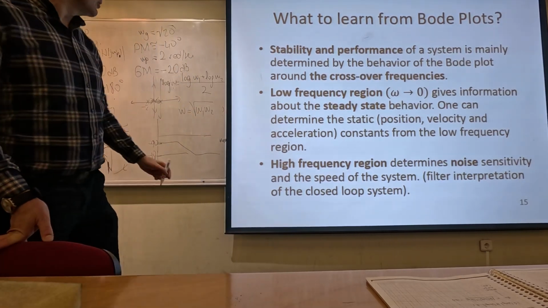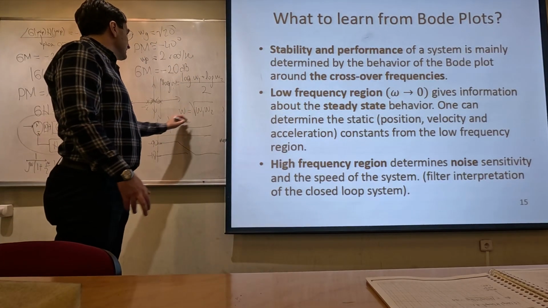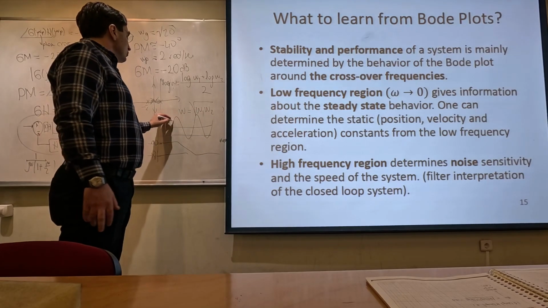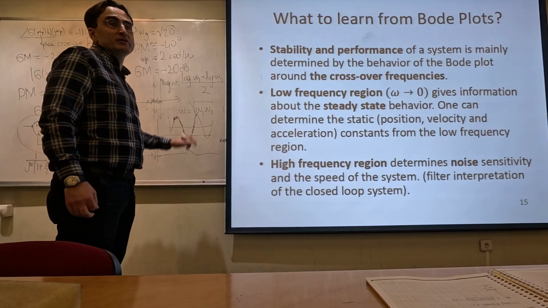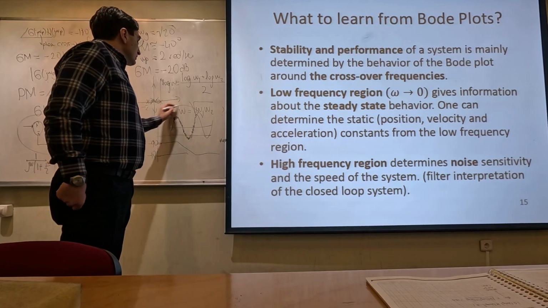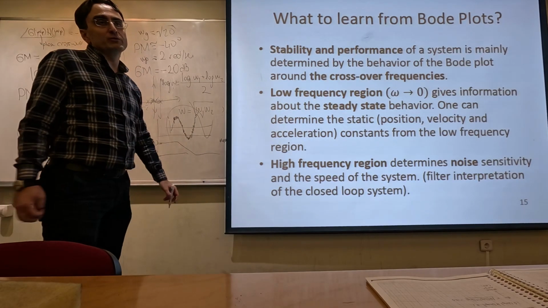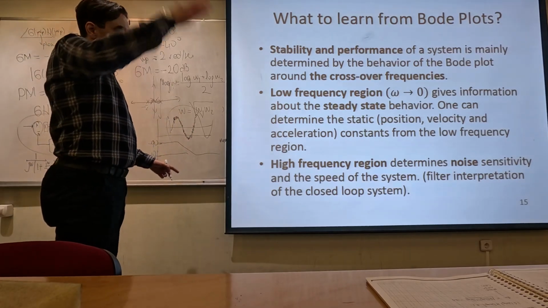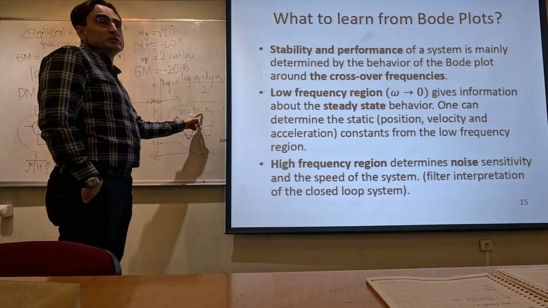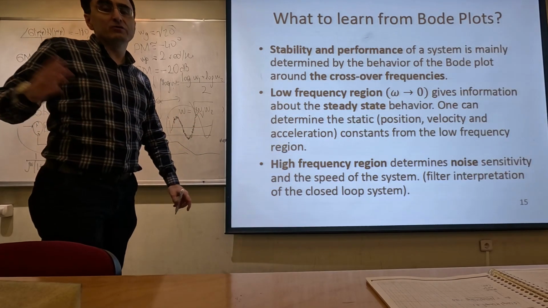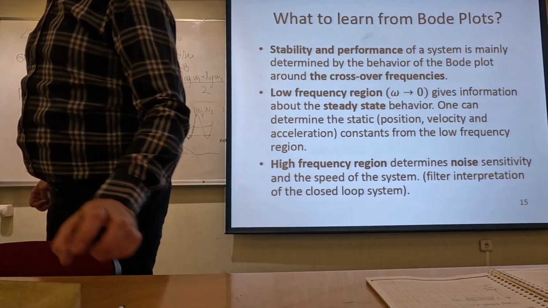So if you would like to have, for example, a unit step or a sinusoid here, noise becomes added on top of this at high frequency. So when you look at the high frequency regions of a Bode plot, the slopes, or how low those values are, will determine how much this type of noise is going to be filtered in your system.